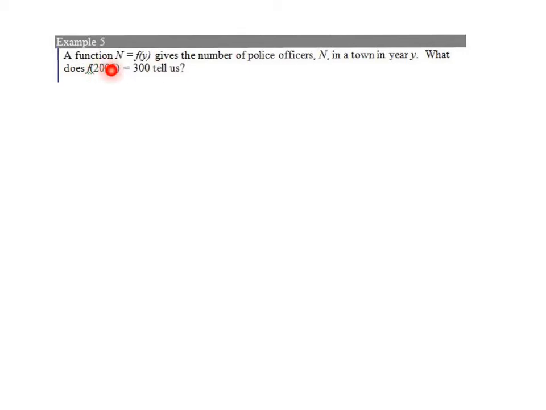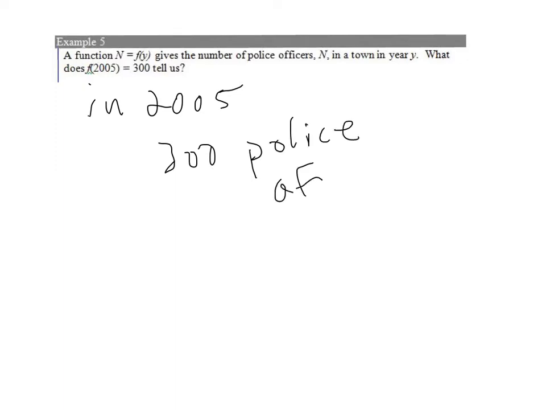Well, this tells us that in 2005, this town needed 300 police officers. And then that's all it means. We'll get into later on, we'll start nesting these functions and have to talk about that.